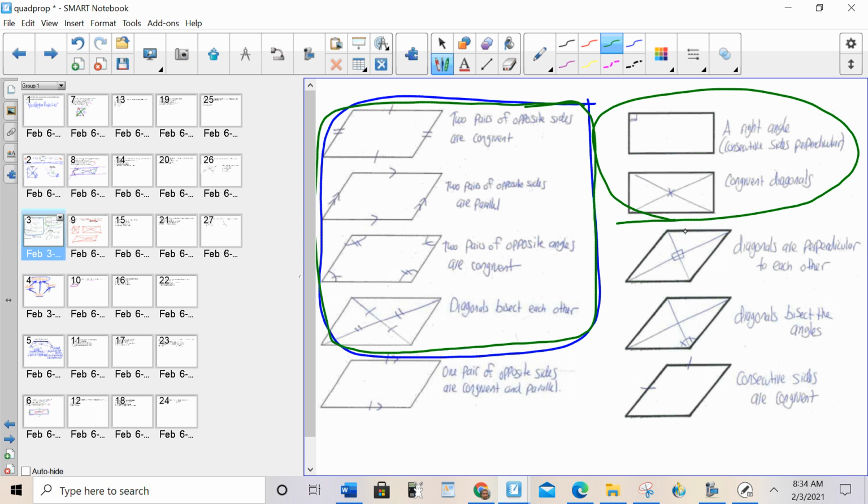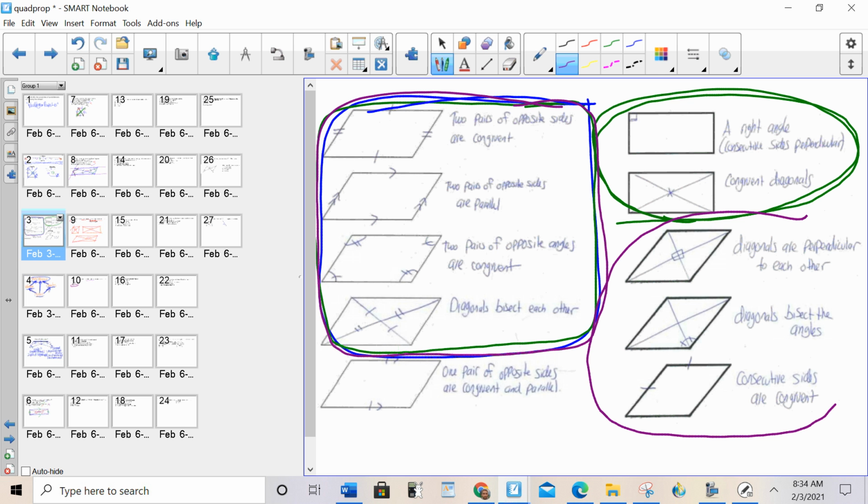A rectangle is a parallelogram with one of these 2. A rhombus, to prove a rhombus. Well, a rhombus must first be a parallelogram by either proving one of these 4 or it telling you that it's a parallelogram. Once it's a parallelogram, you then have to know one of these 3 things. So a rhombus is a parallelogram with one of these 3.